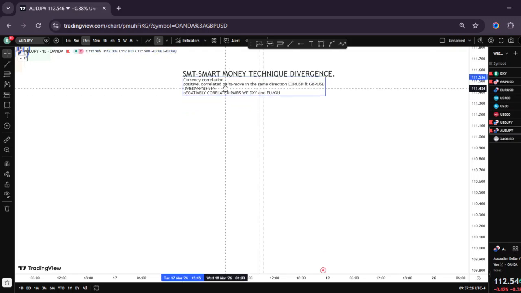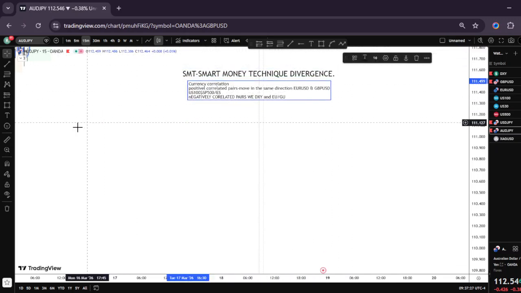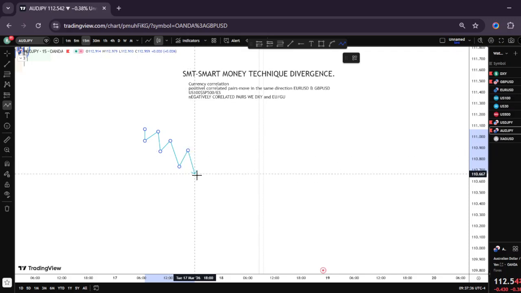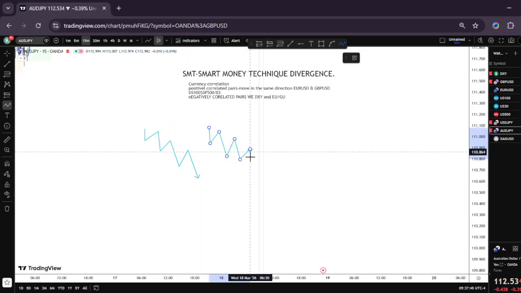So what we mean here is simply, for a positively correlated pair, if EURUSD is making lower highs and lower lows like that, we also expect GBPUSD to be making lower highs and lower lows because they move in the same direction.